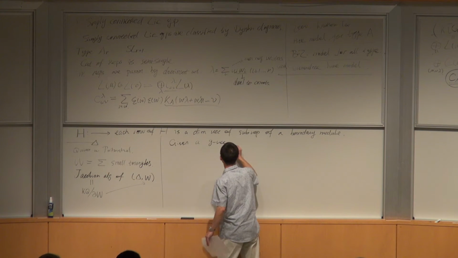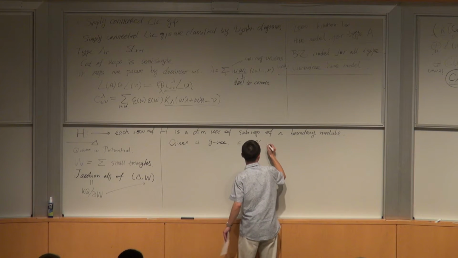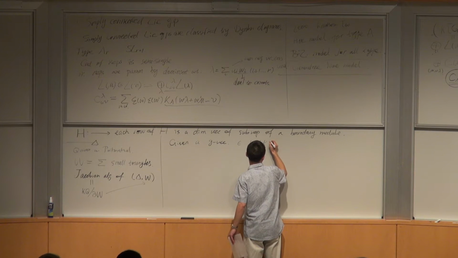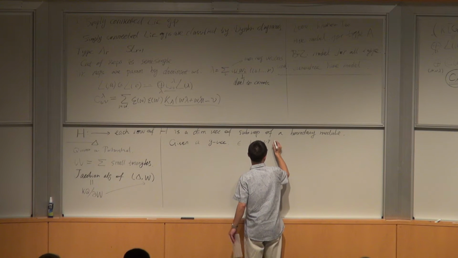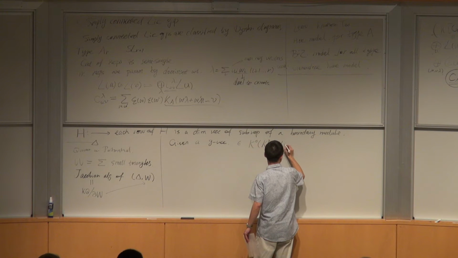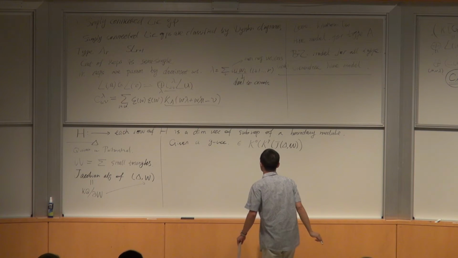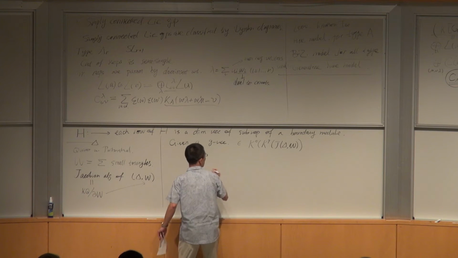So those are the elements in the Grothendieck group of the homotopy category of the Jacobian algebra with potential. This is an integral vector.